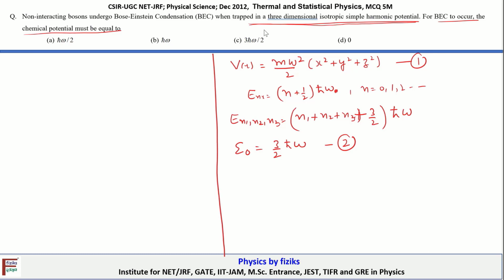So now we have to look for the condition for the Bose-Einstein condensation to occur, and the condition that the chemical potential must satisfy.